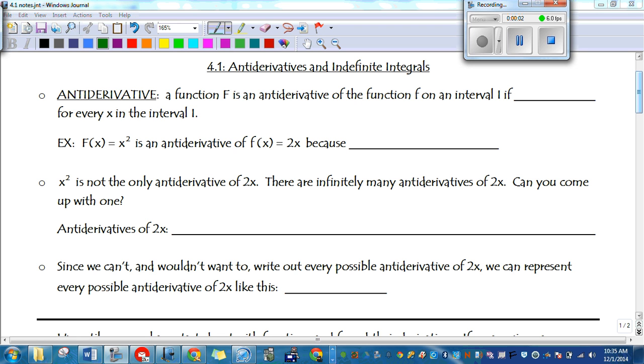Antiderivative. A function capital F is how we usually note the antiderivative of the function f on the interval I. For capital F to be our antiderivative, the derivative of capital F of x has to equal lowercase f of x.